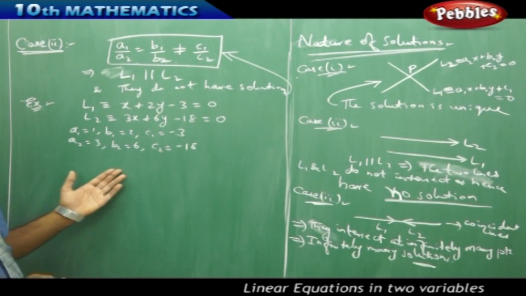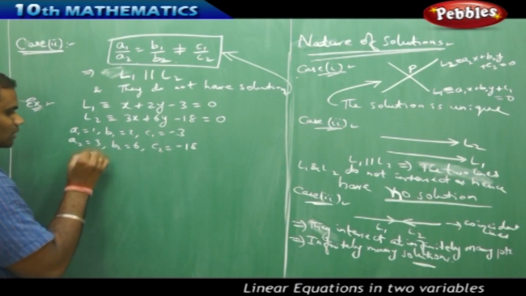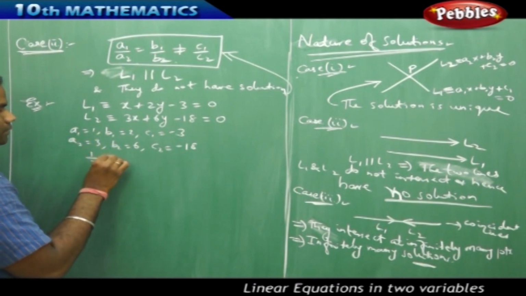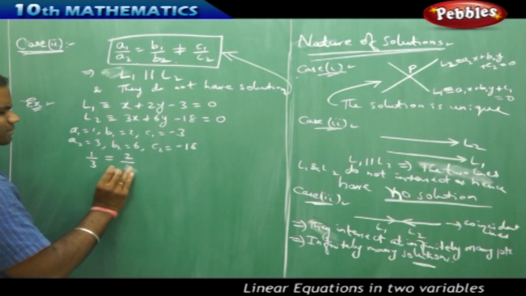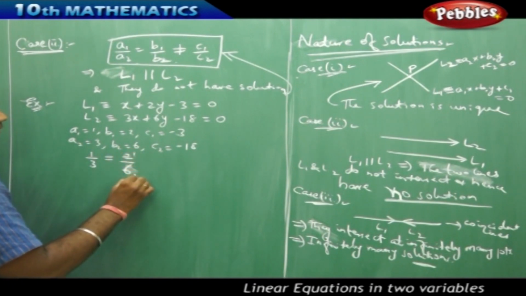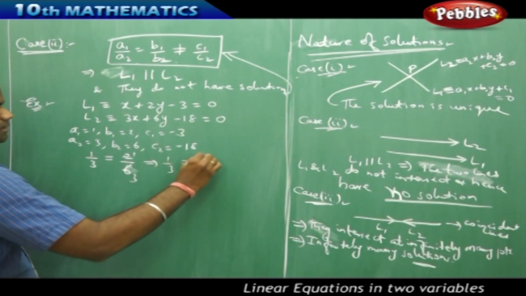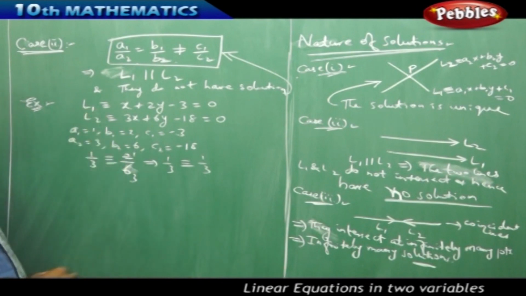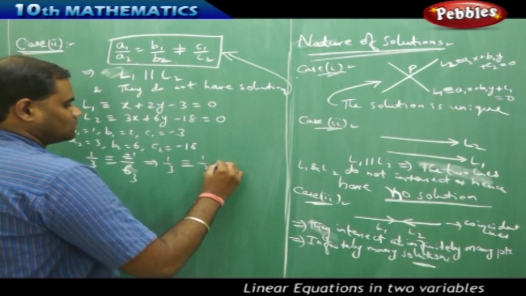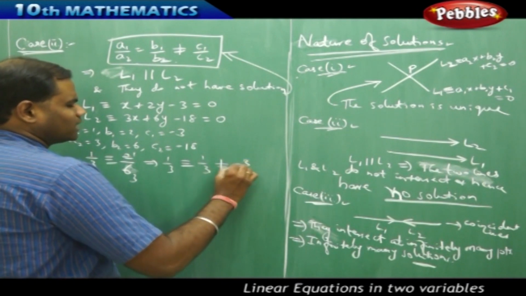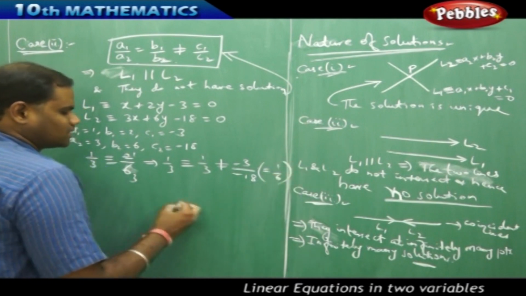Therefore, when I substitute, I get a1 by a2, which is 1 over 3, which is equal to b1 by b2, which is 2 by 6, which on simplification is identically equal to this. And when I take c1 by c2, this is not equal to minus 3 over minus 18, because this gives me 1 by 6.